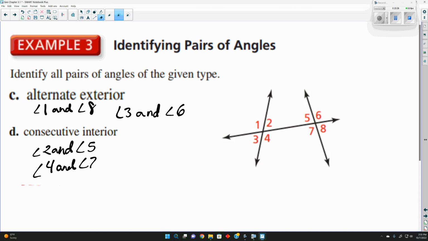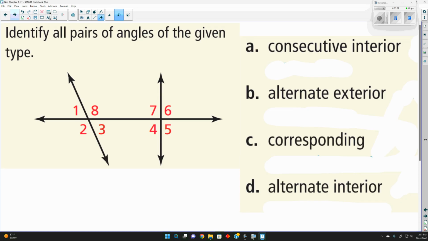Are you ready for the next part? Anybody still writing? So here, same thing, I just switched the numbers up. Consecutive interior angles. 8 and... consecutive interior. So between the lines and on the same side of the transversal, so 8 and 7.